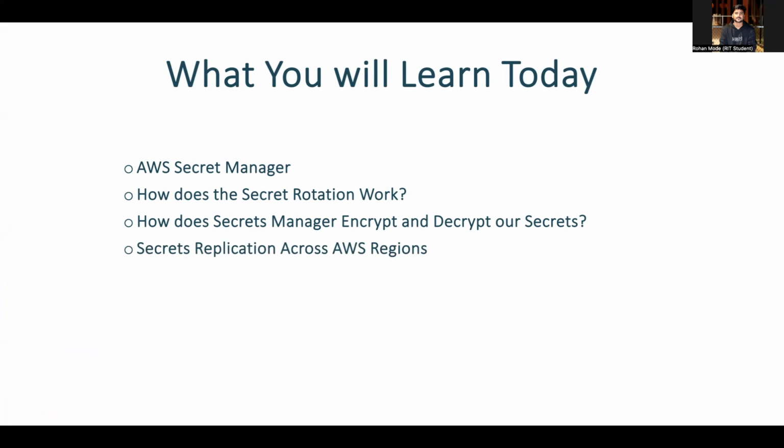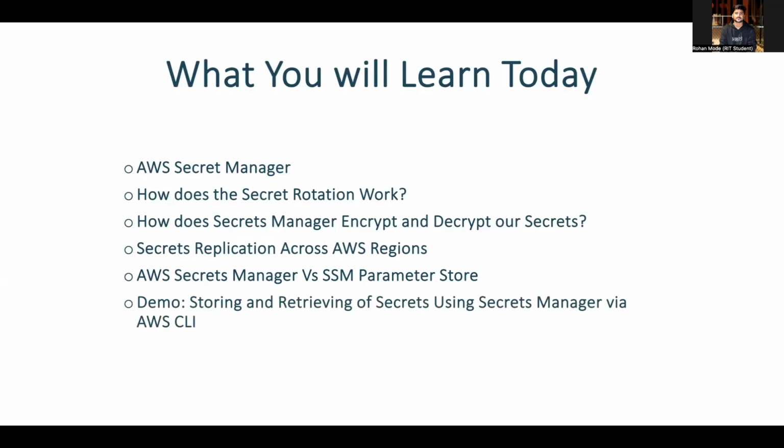So let's say you have a secret in one region and you require the same secret in another region, how is it replicated from one region to another so that it can be utilized safely and securely. AWS Secrets Manager versus SSM Parameter Store. And at last, we'll see a small demo for storing and retrieving secrets using Secrets Manager via AWS CLI.